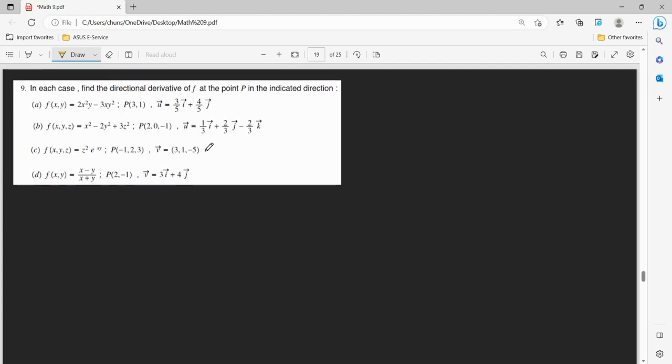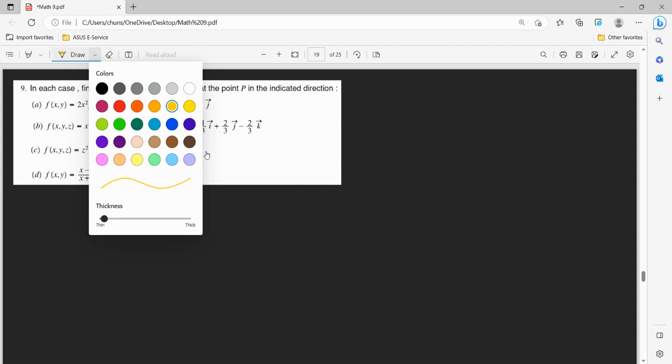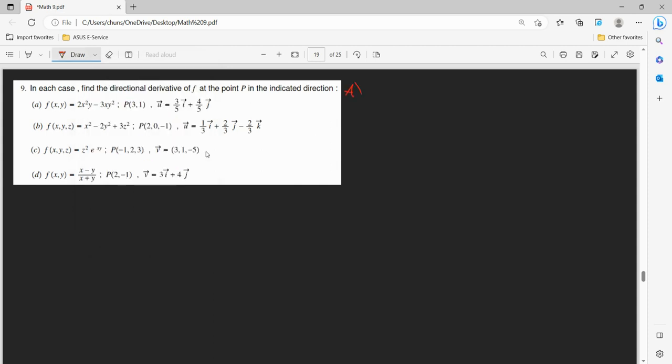Okay, so in each case, find the directional derivative of f at the point P indicated in each situation. This brings us back to the first part of our notes section from the video. So we're going to find our gradient first. It's equal to, okay, we'll start with our x.